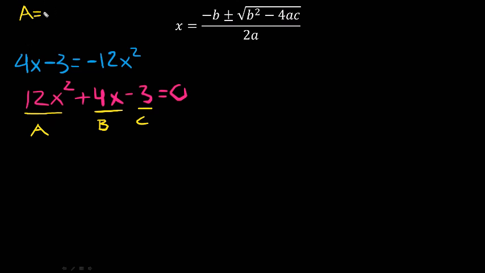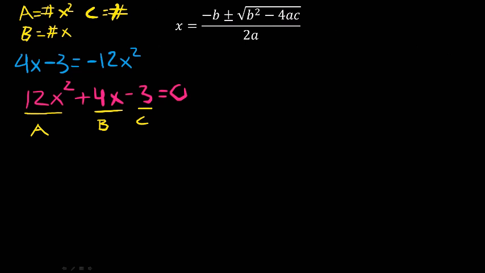The a term will always equal the number next to the x squared. The b term will always equal the number next to the x by itself, and the c term will always equal whatever constant they give you, the number by itself.